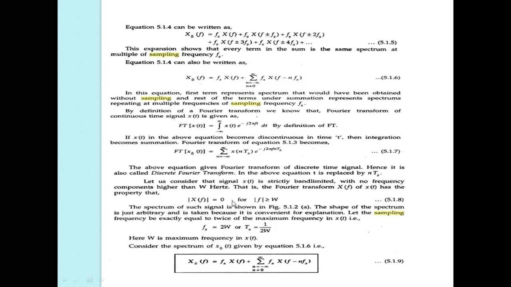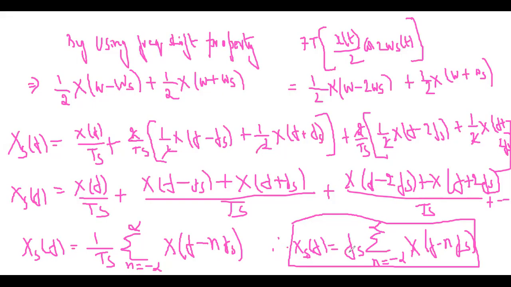See, the same equation that we have, we get in the expression here. They are writing fs times X of f minus n fs. Let me explain here.